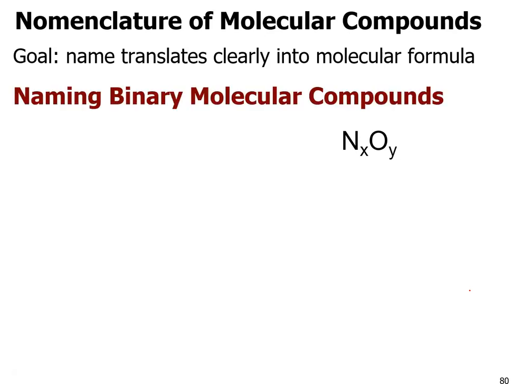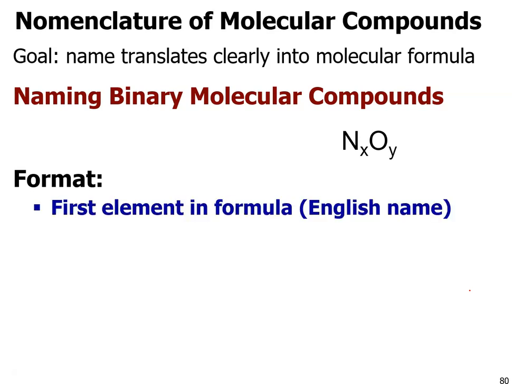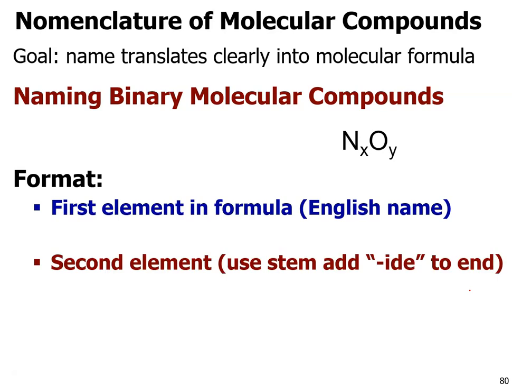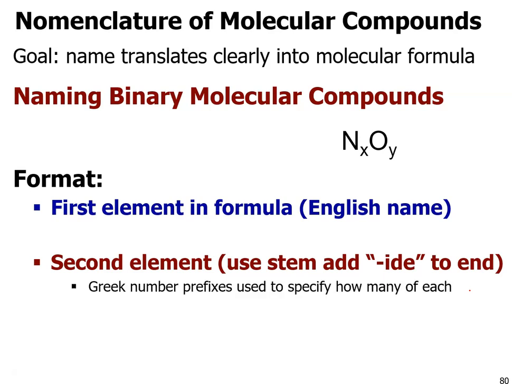We want to be able to name something, and then someone can hear that name and know what types of atoms are in there and how many of those atoms are in there. The first element is always the English name of that element. And then for the second element, we use the stem and add -ide to the ending. And then we use Greek number prefixes to specify how many.